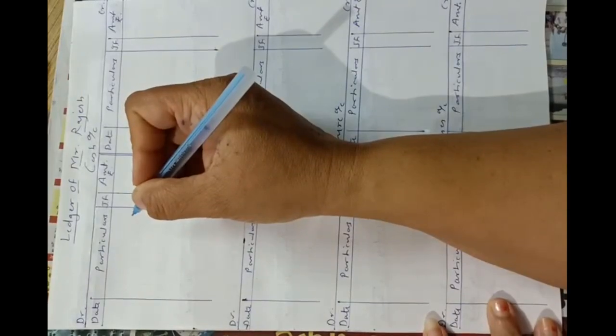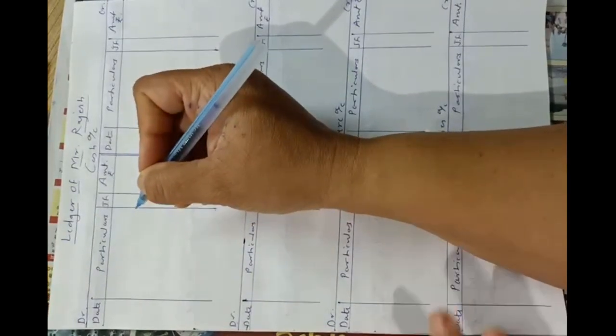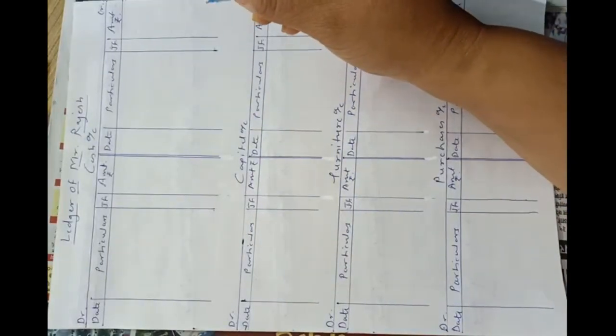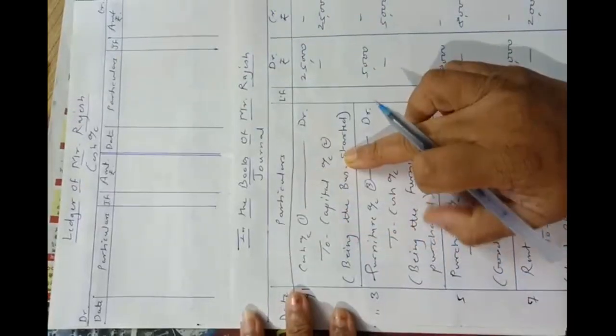In this way all the accounts are prepared here. See all the accounts. Okay, and now we have to make the posting of every journal entry in these ledger accounts. So now let's start. It's very easy and interesting. First entry, cash account debit to capital account. See here, first entry is cash account debit to capital account.